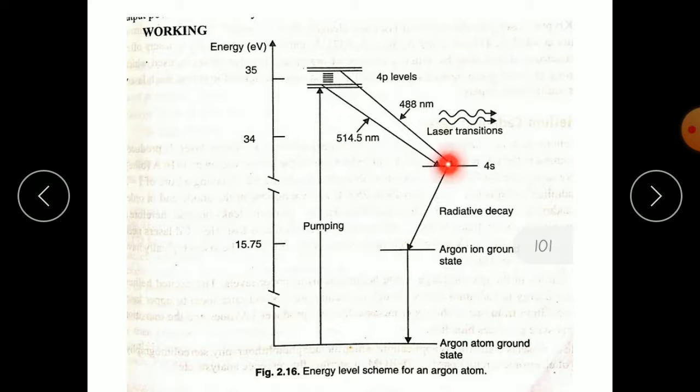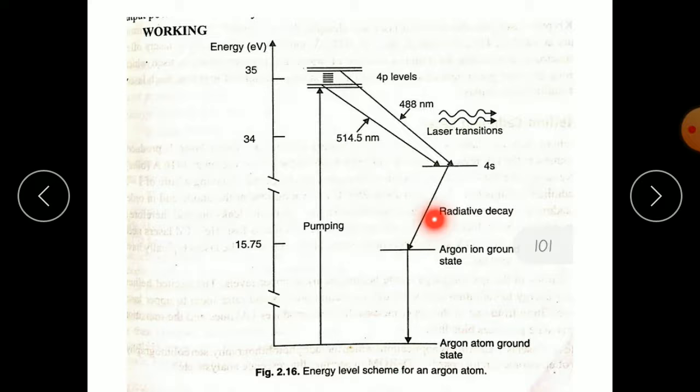Again, some radiation near 720 nanometer is emitted due to the transition from the 4s level to the argon ion ground state. This emits a wavelength of 720 nanometer.